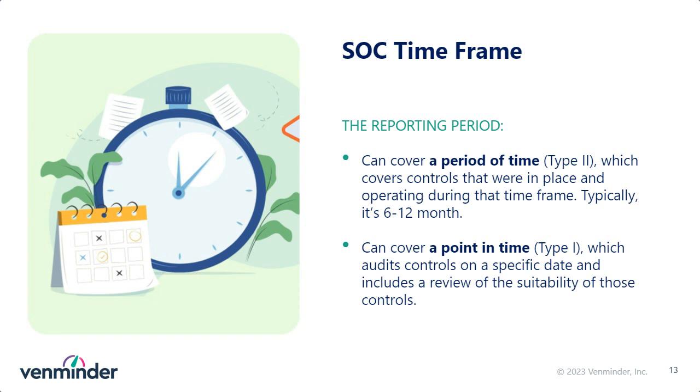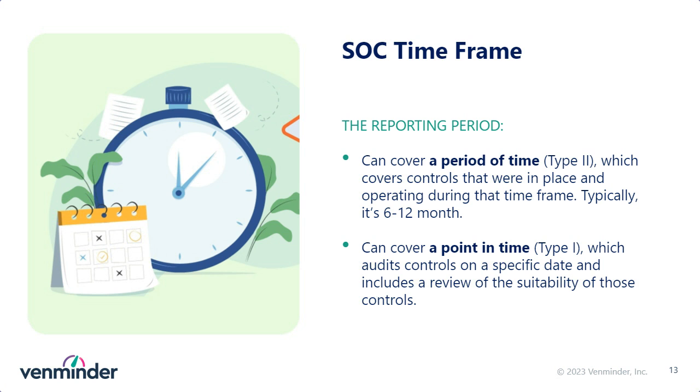When we talk about SOC timeframes, first off the bat, you want to make sure that you understand what you're looking at. A report can either cover a period of time, which is typically a SOC type 2, and that covers controls that were in place and operating during a time frame, typically 6 to 12 months. So the vendor has to provide evidence that controls were in place and operating over a span of time. A SOC can also cover just a point in time, which is a type 1.